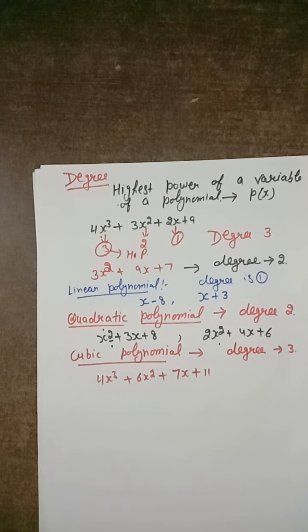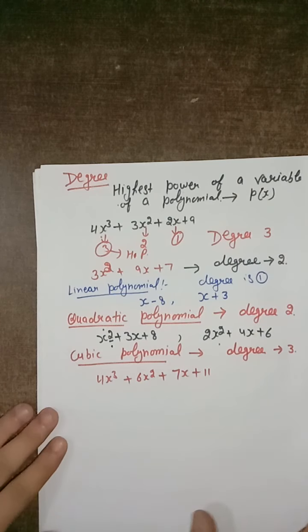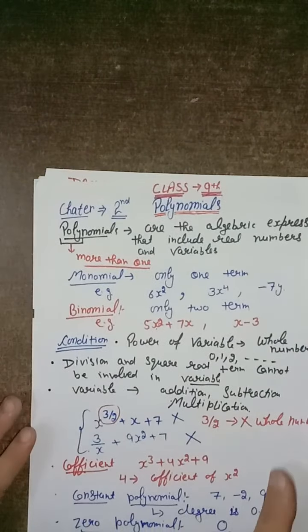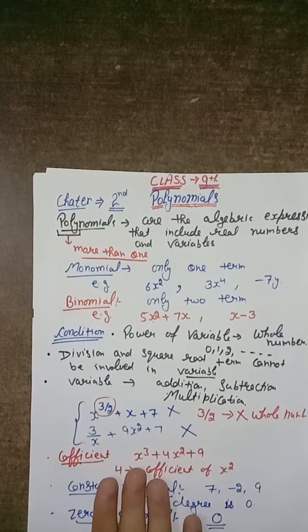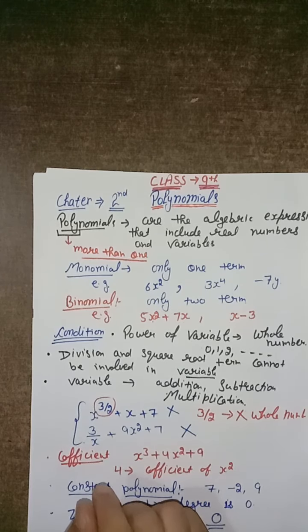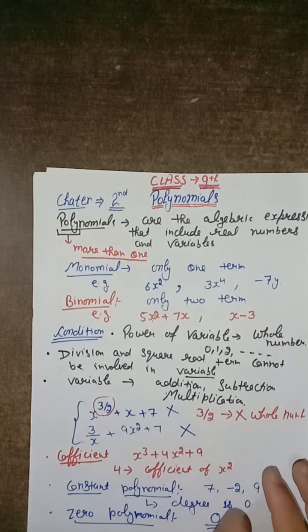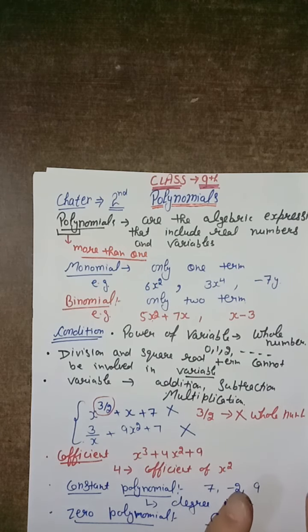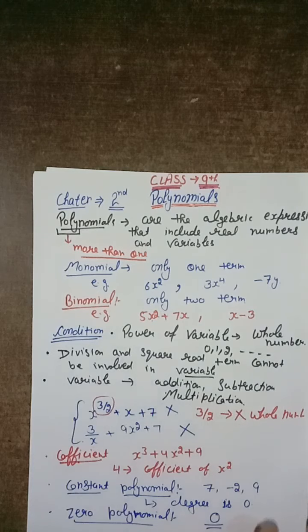Now students, let's revise this. First of all, we have discussed polynomial. Polynomials are algebraic expressions that include real numbers and variables. And one more definition: an expression which contains more than one term is known as a polynomial. We discussed monomial and binomial.